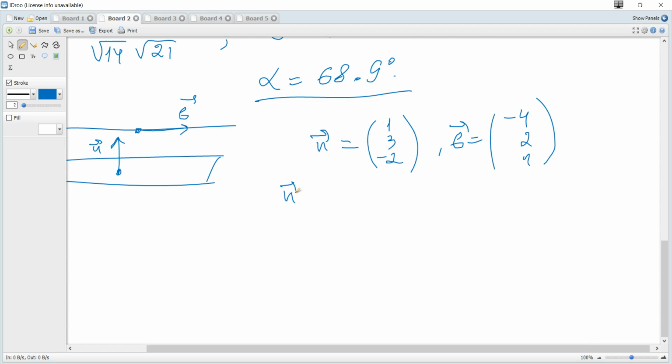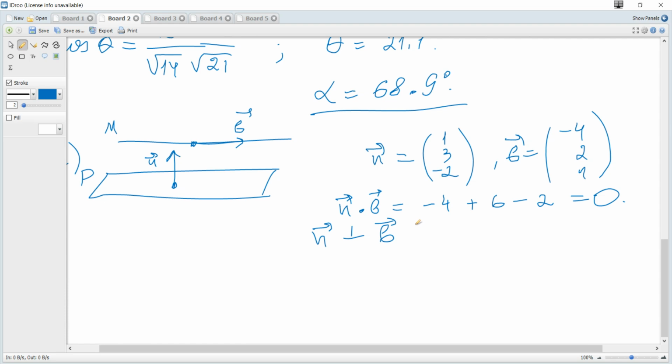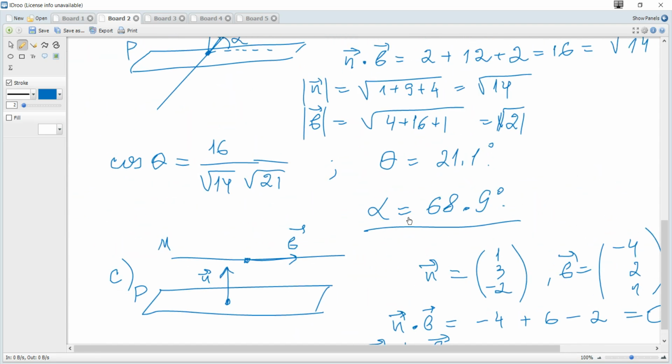And the dot product is 1 times -4, it's -4, plus 6 minus 2, and you can see it's 0. Hence n is perpendicular to b, and hence the line is parallel to the plane as required.